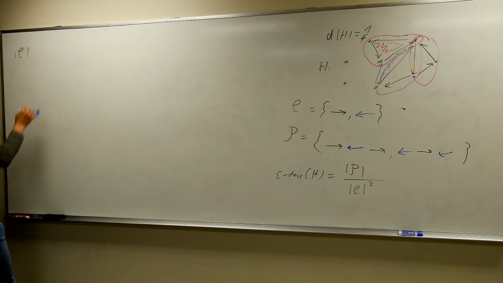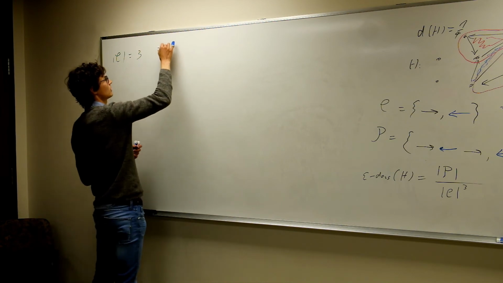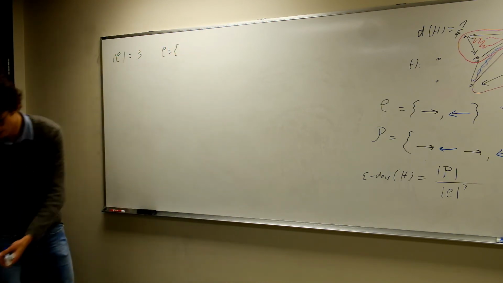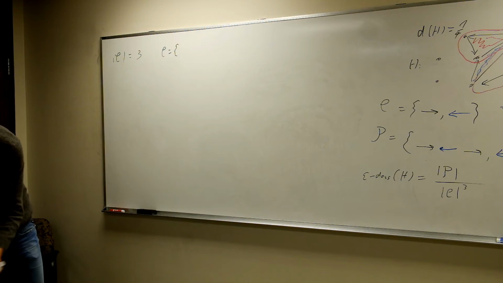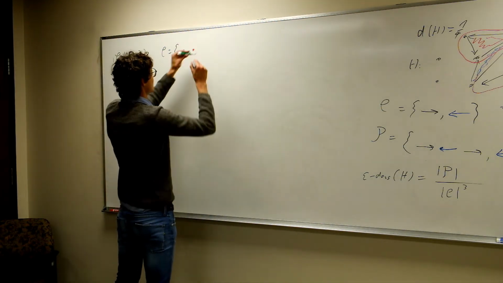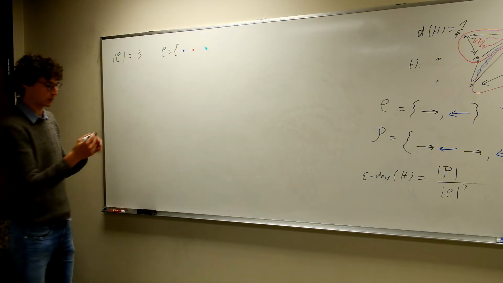So I want the color set to have size 3 to make this value smaller. So we get more efficient writing.